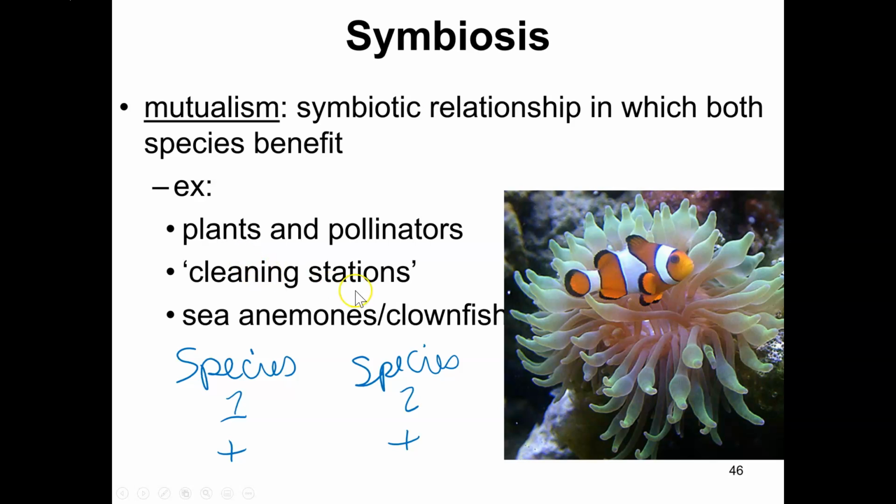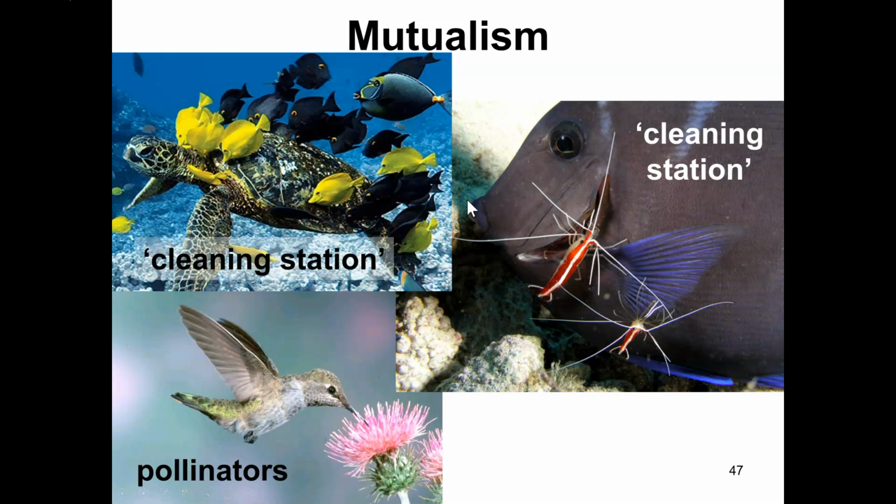There's also cleaning stations where you have small birds and small animals coming in and cleaning the teeth of bigger predators. We have plants and pollinators. That's another example.